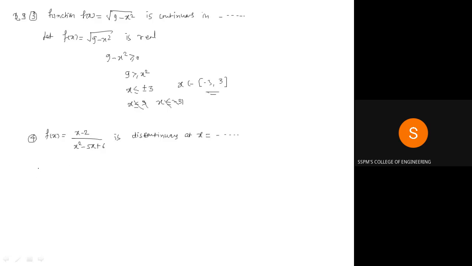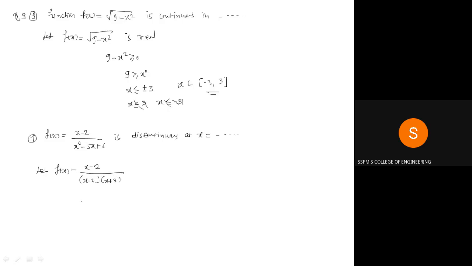Consider the same function, f of x is x minus 2 upon, what are the factors of the polynomial? The factors are x minus 2 into x plus 3. This function will be discontinuous when the value of the denominator is 0.